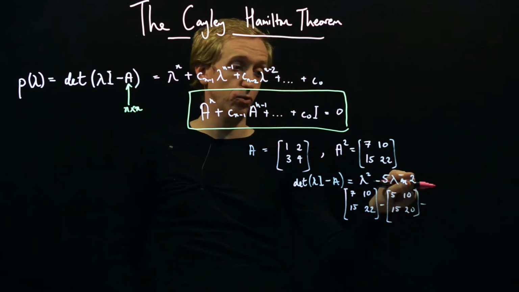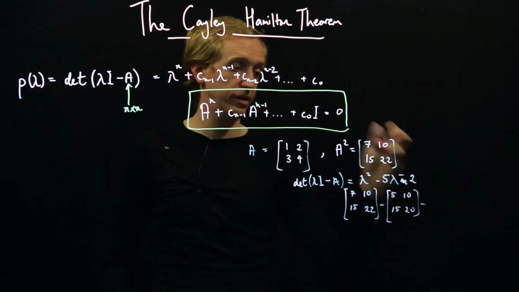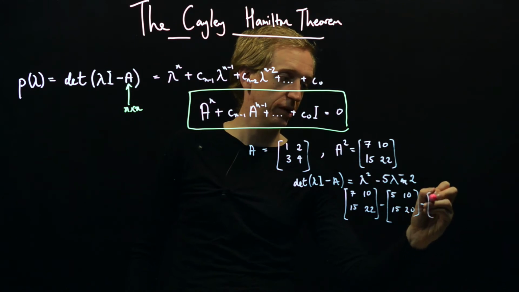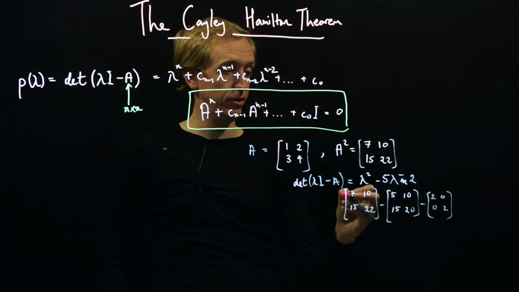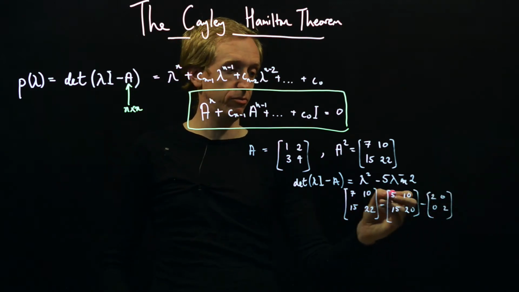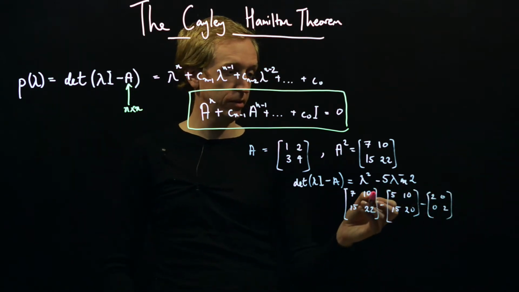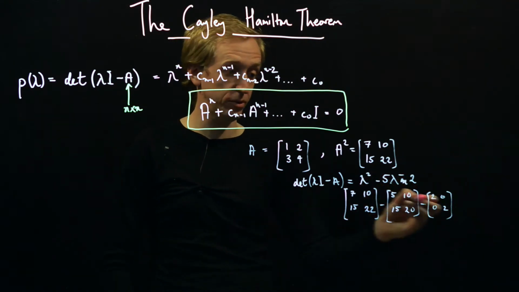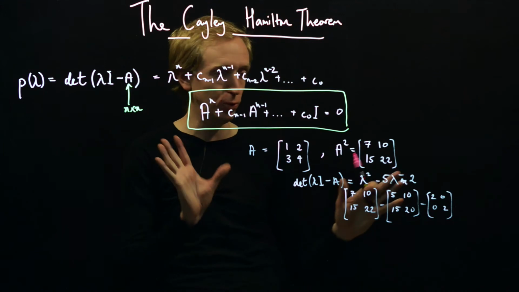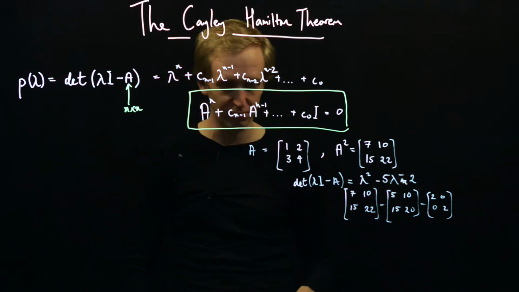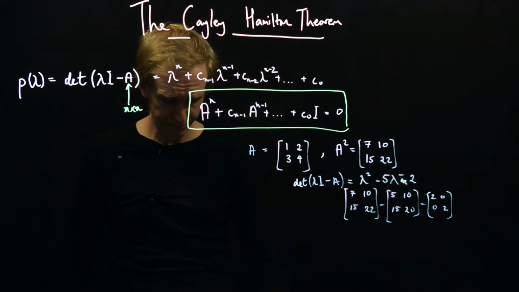And from this, we're also going to subtract 2 times the identity matrix, which is just minus 2, 0, 0, 2. And then you can indeed see that 7 minus 5 minus 2 is 0. 10 minus 10 is 0. And so everything checks out. The Cayley Hamilton theorem holds for this one matrix at the very least.